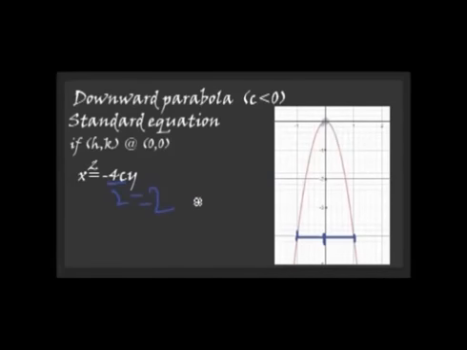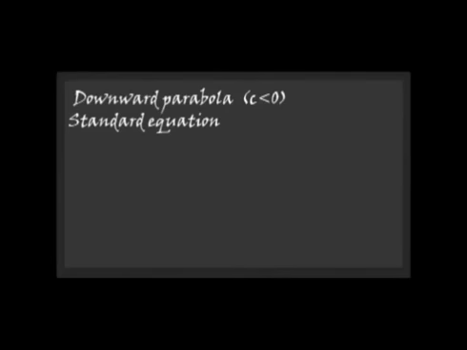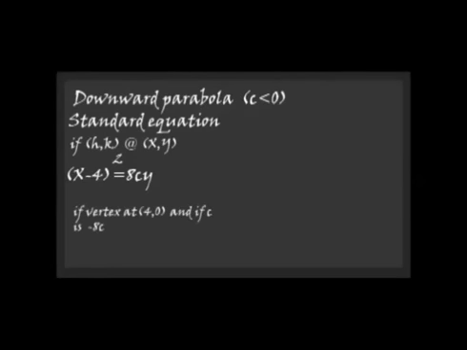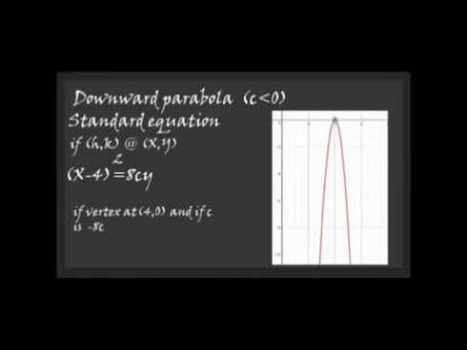Next is h, k at x, y. If h, k is at x, y, then the formula is x minus h squared is equal to negative 4cy.